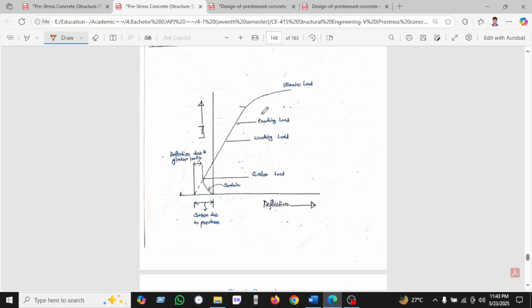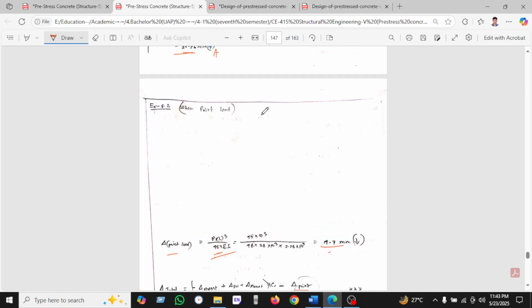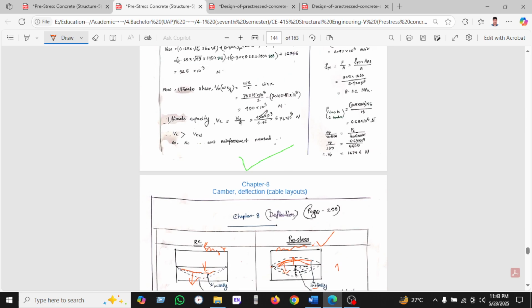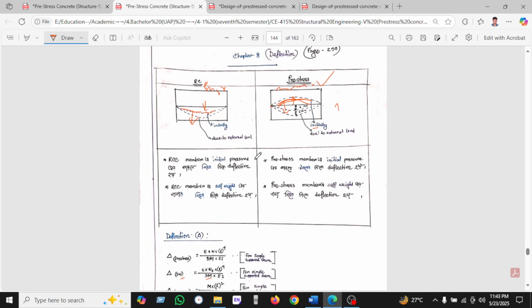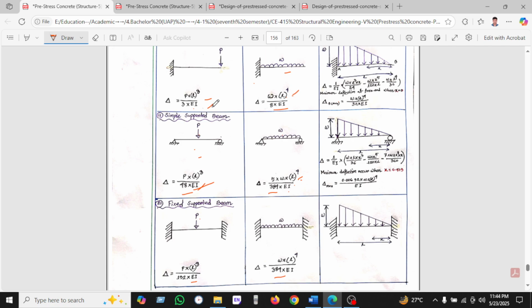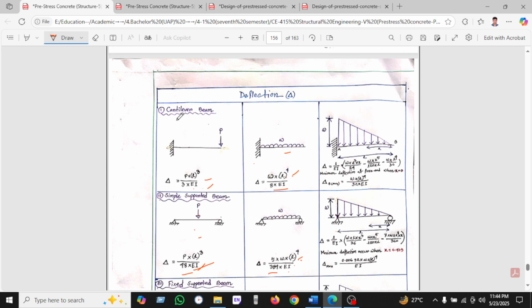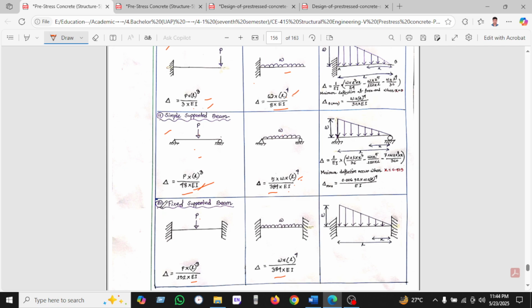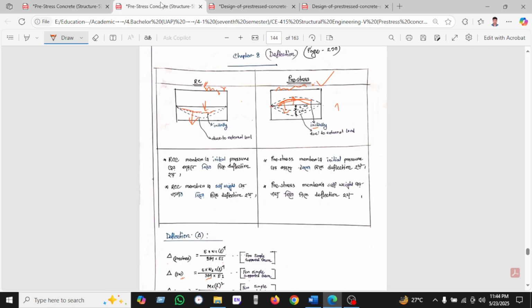I am just giving the summary. At first, we have seen the prestress deflection formulas for cantilever, simple support and fixed support, and then we can see that for prestress the deflection will be upward, and for RC the deflection is downward for initial purposes.